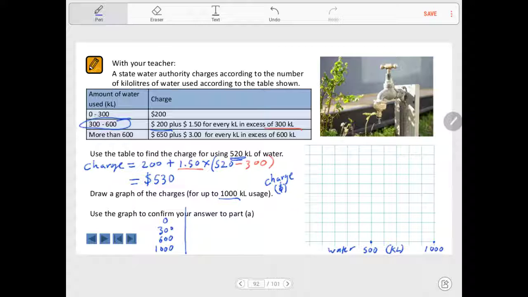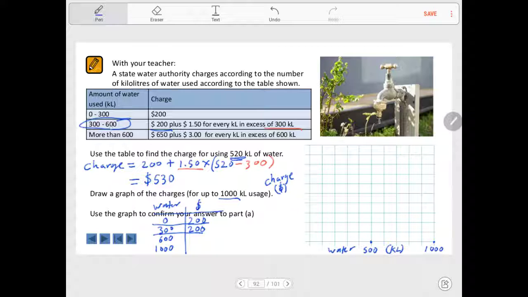So the charge for 0 kilolitres is $200. Now also that's the same for 300, whether you use no water at all or 300 kilolitres of water, it's going to be $200 either way.